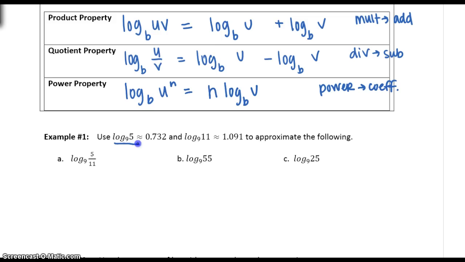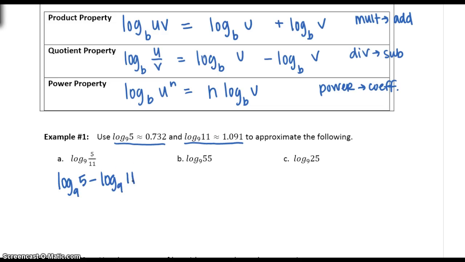They're telling us that log base 9 of 5 is this, and log base 9 of 11 is this, and they want us to approximate this. Well, okay. Notice there's only one log here, so don't just put this in and put that in. You have to make this a log base 9 of 5 and a log base 9 of 11. Well, it's dividing. So if it's dividing, you turn it into subtraction. So top minus bottom.